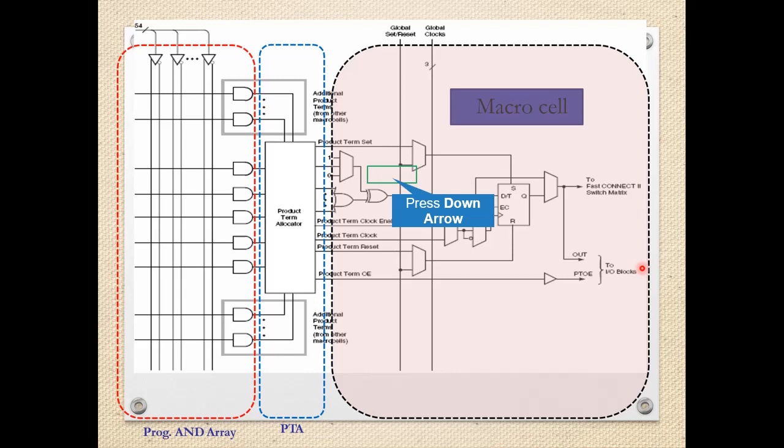Through this macro cell the signal will be going towards the different IO blocks. Now these IO blocks have the facility of assigning a particular pin as either an input pin or an output pin. So either it will go to the IO blocks as it is shown over here, or it can go to the fast connect switch matrix.